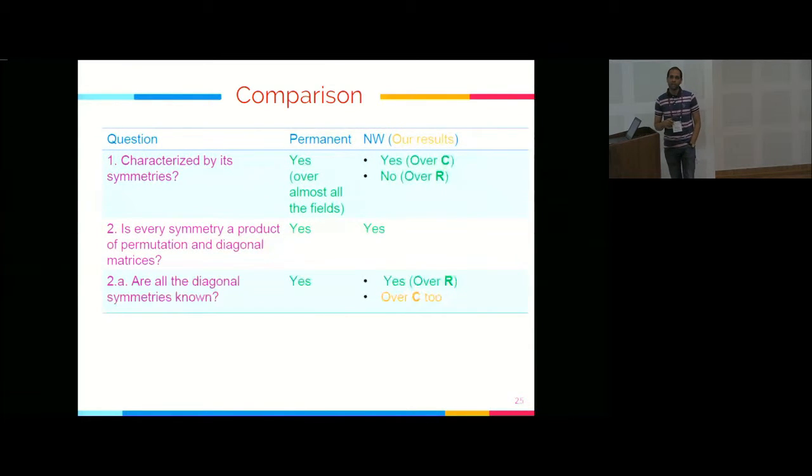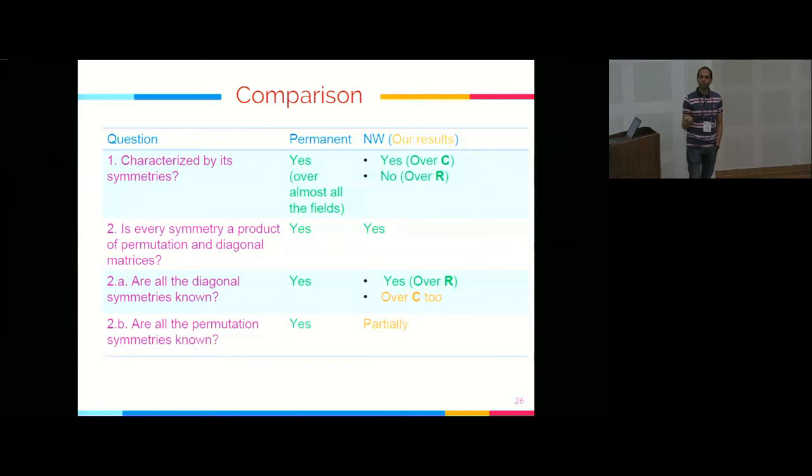Okay, the third question is, since the generators are diagonal and permutation matrices, it becomes natural to understand them separately. So the next question is, are all the diagonal symmetries known? The answer is yes for the permanent, and yes for the design polynomial also over C and R. So this is what we show.